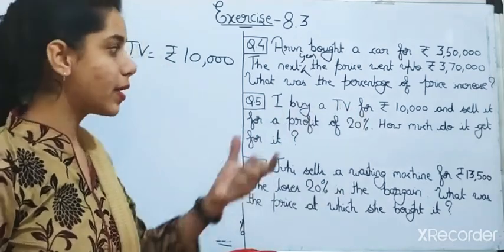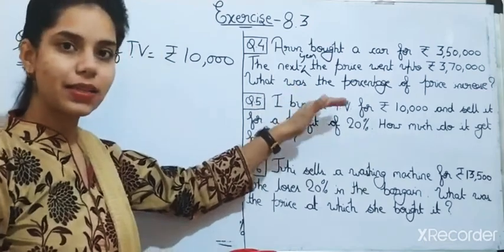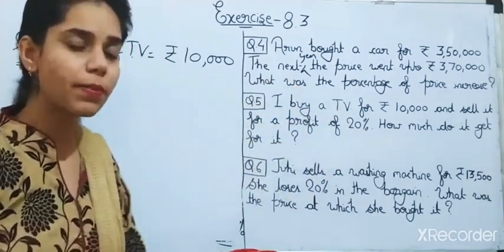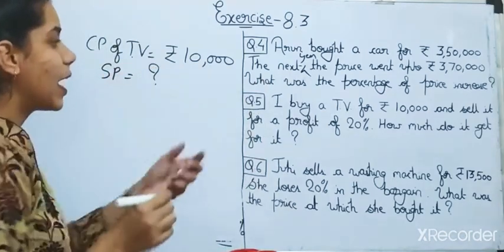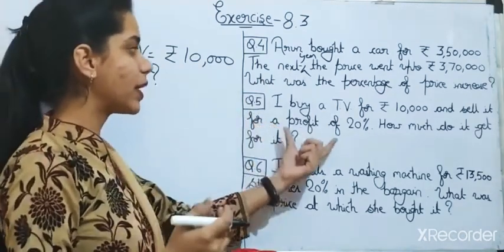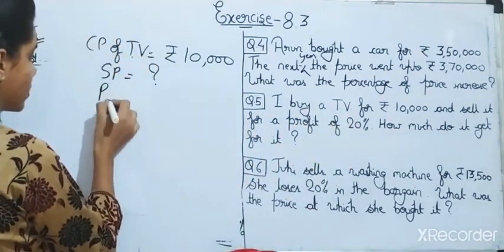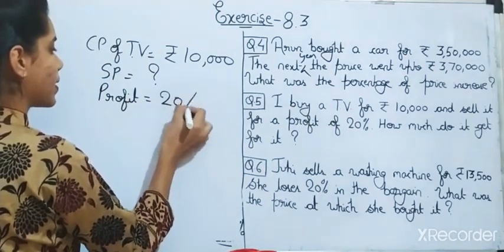Means at how much price do I sell the TV. Its price is not given, so we have to find out the selling price. Selling price is not given, but they are saying that I sold it for a profit of 20%. So profit is given, which is 20%.